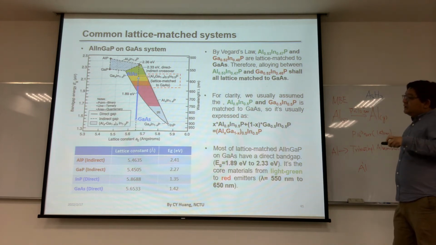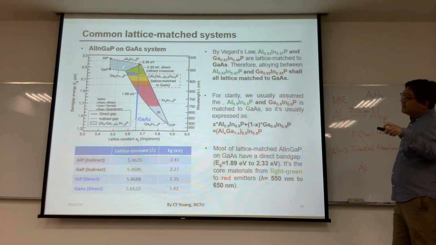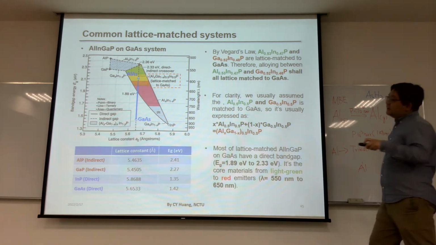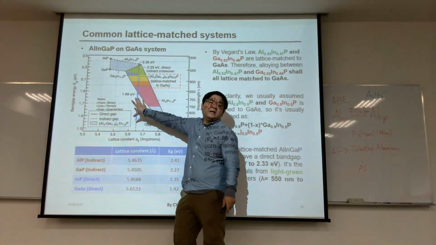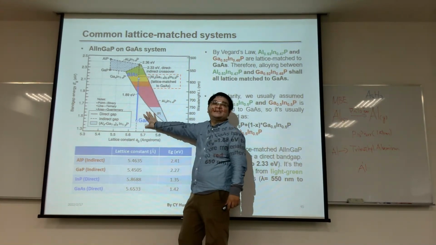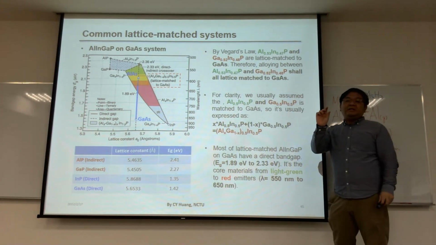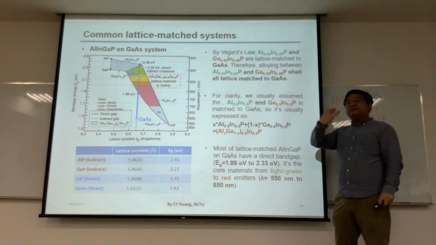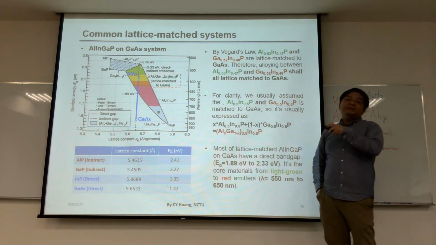It is usually used for red LEDs with wavelengths from 600 nanometer to 700 nanometer, because for wavelengths longer than 700 nanometer, the original AlGaAs is good enough and a simpler system. If you see a red LED on the road, for example the traffic light, they are all AlInGaP lattice matched to gallium arsenide.